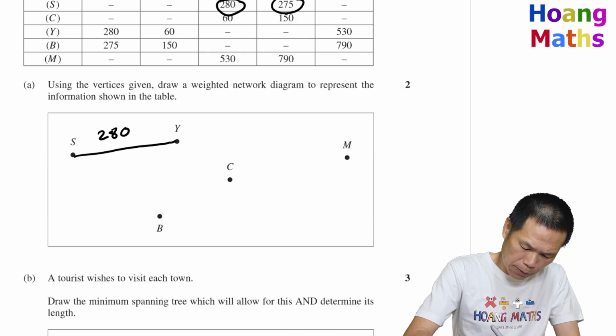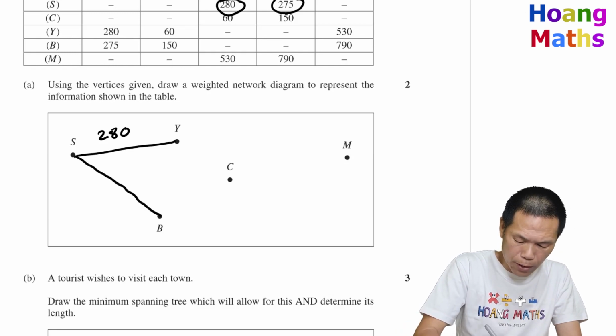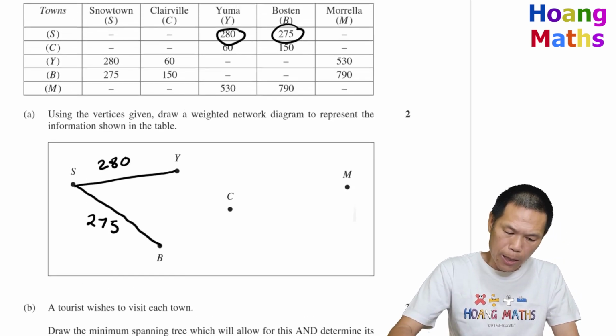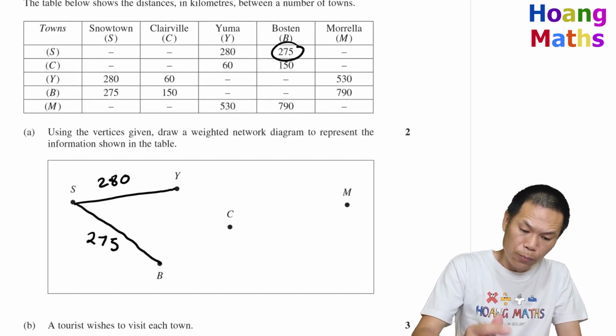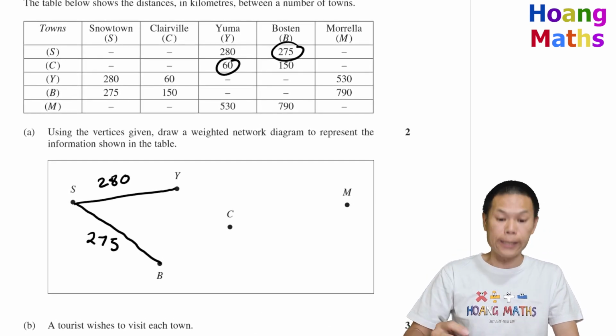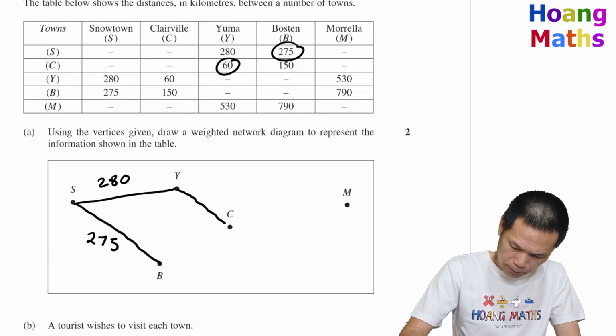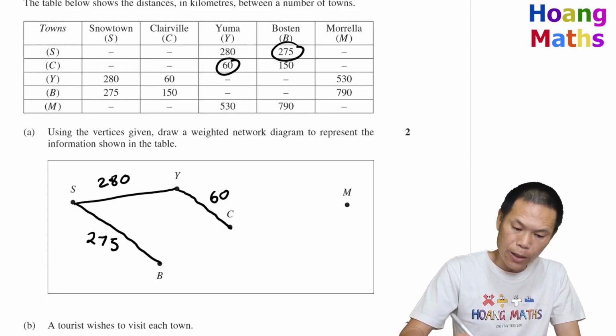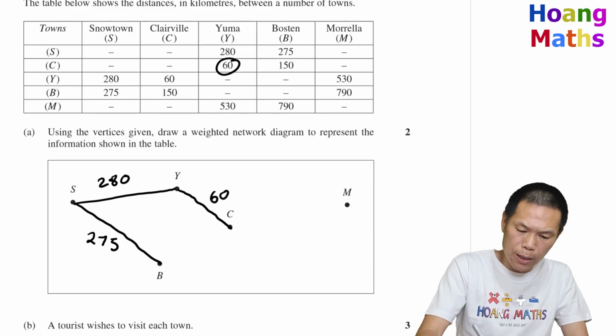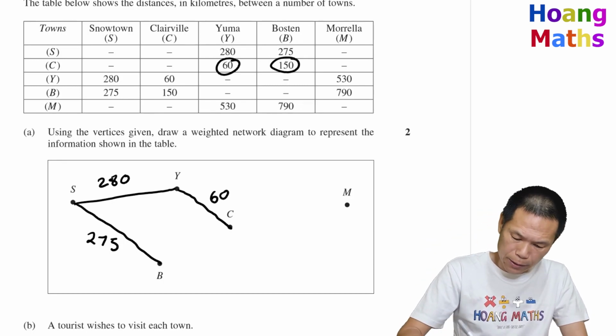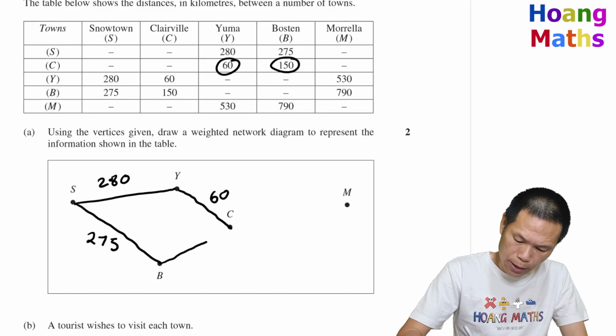And then we have C to Y, or Y to C, is 60. And C to B is 150. So C to B is here.